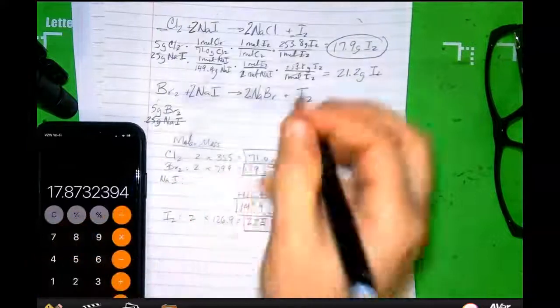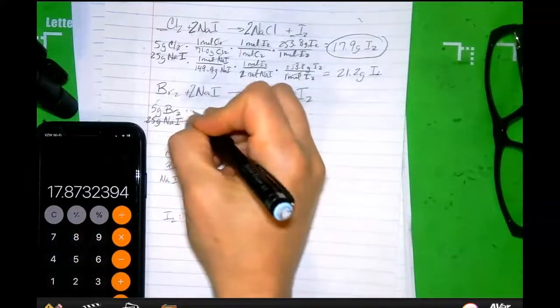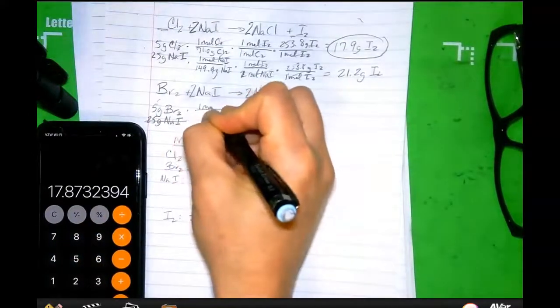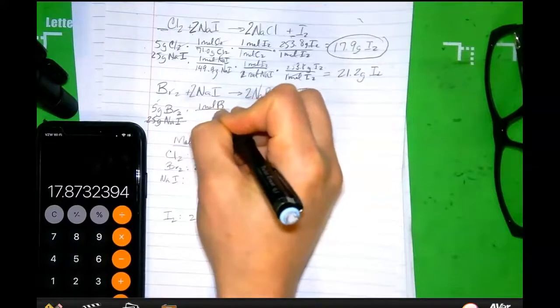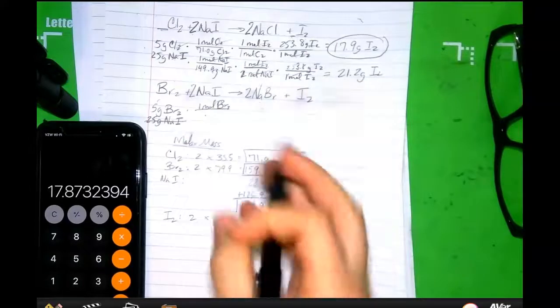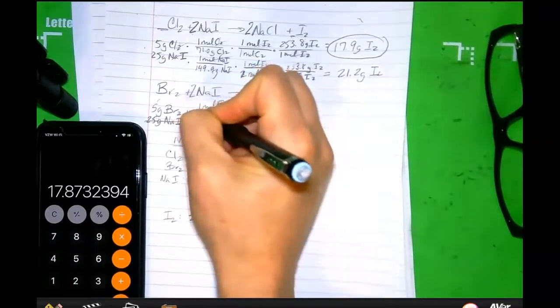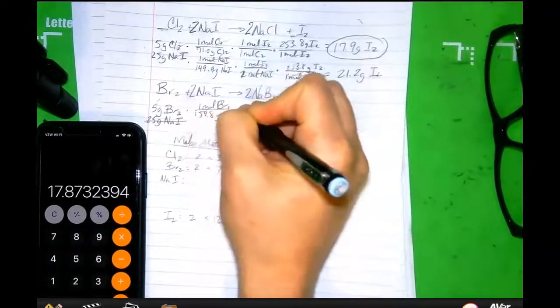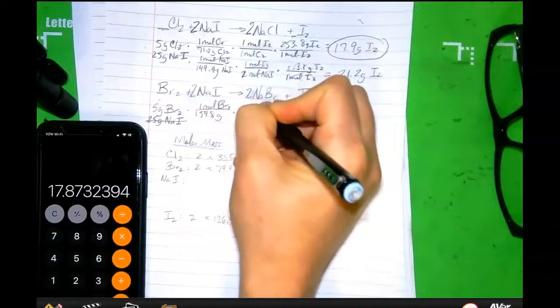All right, now let's do the bromine down here. It's going to be very much like the chlorine one, except this number is going to be different. It's going to be 159.8 grams, and everything else is the same because they're both halogens.